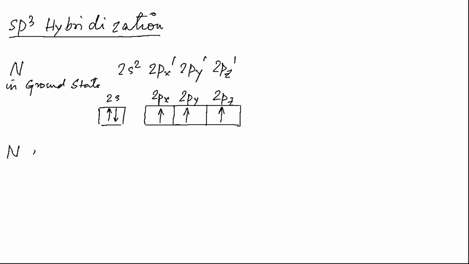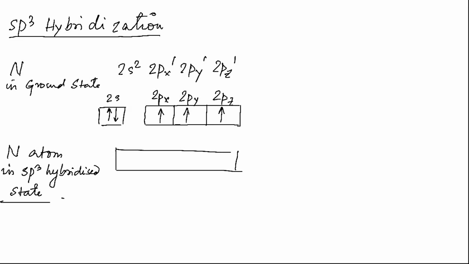In the sp3 hybridized state, the nitrogen atom can be written like this. So there is an overlap between the 2s orbital of the nitrogen and the 3 2p orbitals present in the nitrogen, giving rise to the formation of 4 sp3 hybridized orbitals.